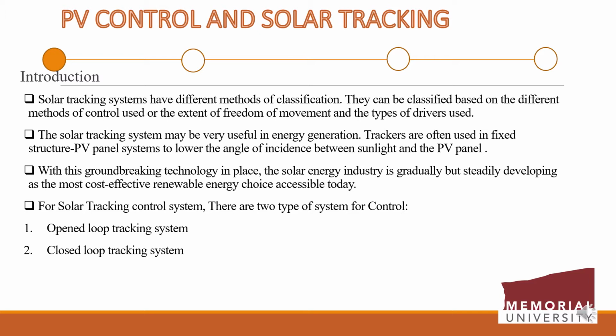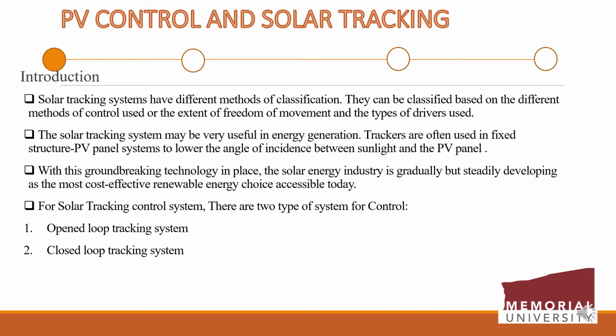Solar tracking systems have different methods of classification. They can be classified based on the various forms of control, the extent of freedom of movement, and the type of driver used. The solar tracking systems may be very useful in energy generation. Trackers are often used in fixed structure PV panel systems to lower the angle of incidence between sunlight and the PV panel.